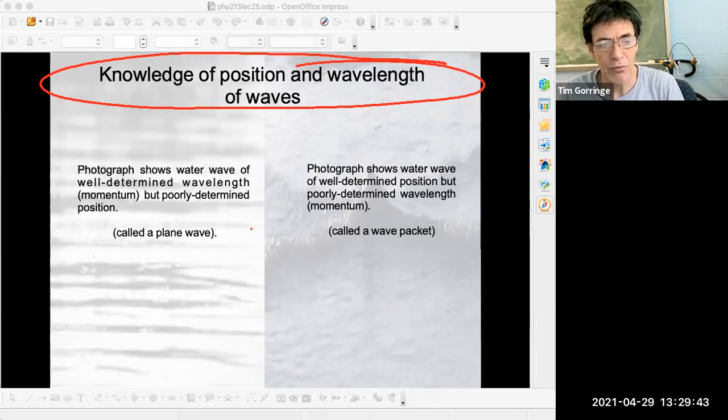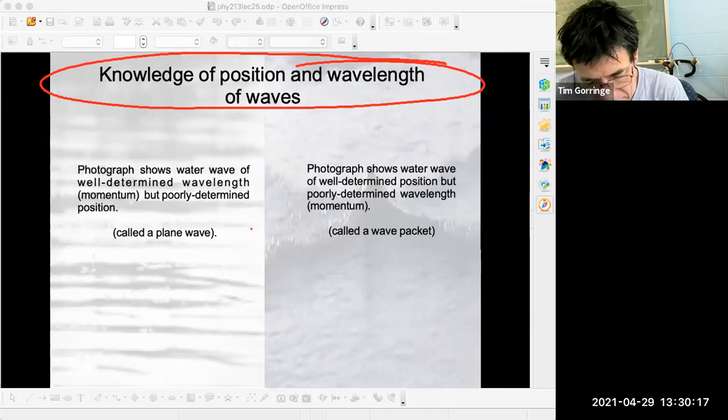The uncertainty principle is related to the fact that you cannot know simultaneously both the position of something, an object, an entity, and the wavelength of that object. You can't know them with high accuracy simultaneously. And water waves are a nice example of that.